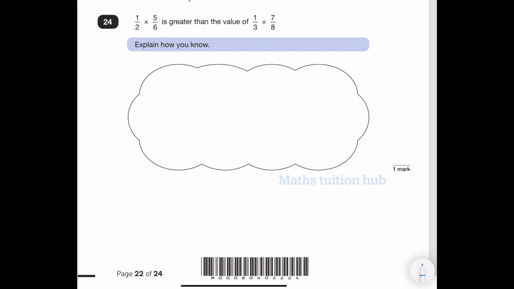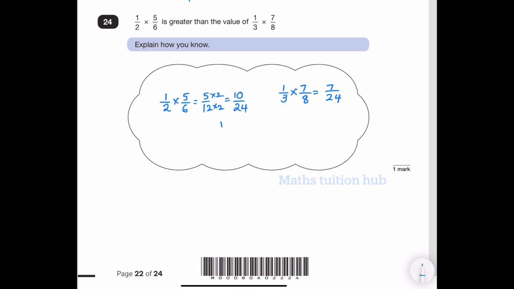Half times 5/6 is greater than the value of third times 7/8. Explain how you know. Let's see how much we make with this. So if you times them together, we get 5/12 here. So third times 7/8 is equal to 7/24. So we need to make the same denominator now.